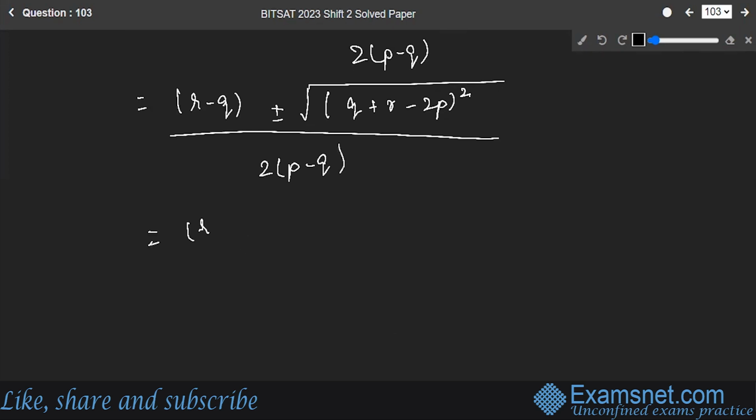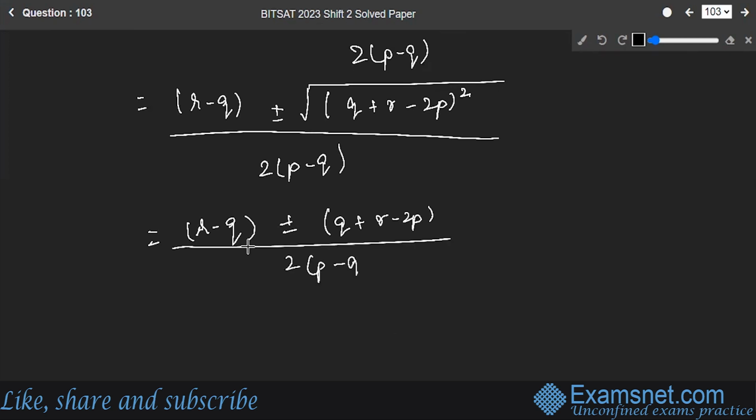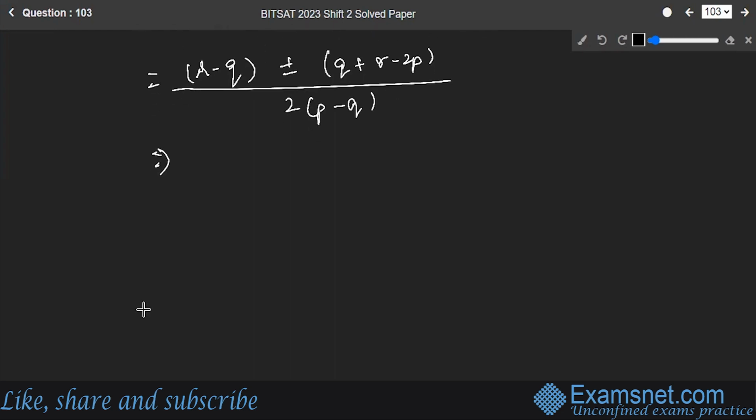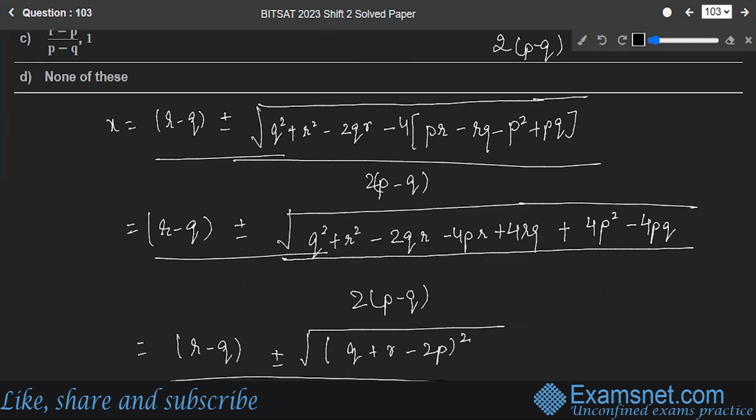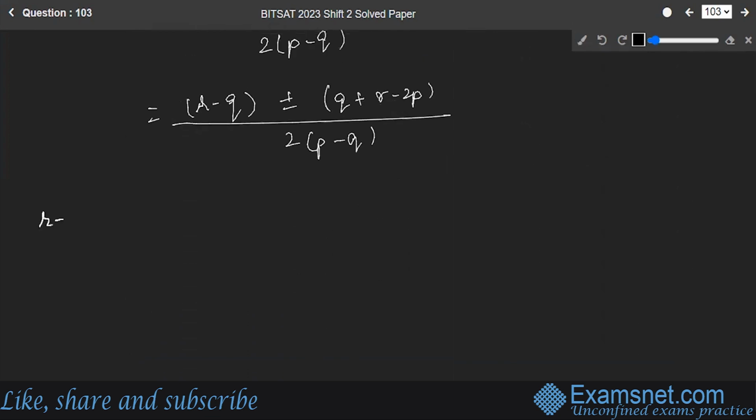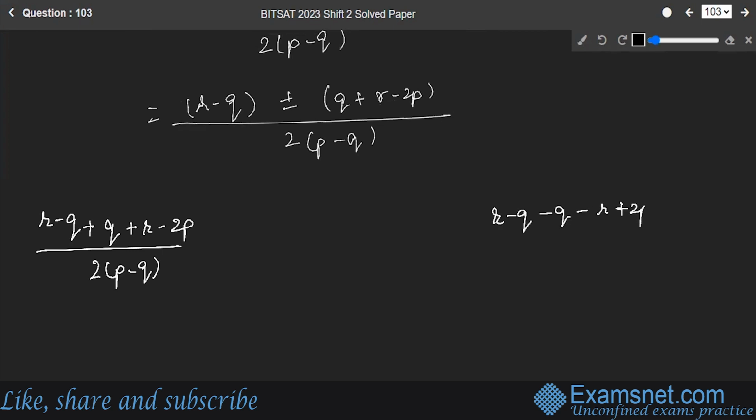So you have r minus q plus minus (q plus r minus 2p) divided by 2(p minus q), which will give me two values. One is r minus q plus r minus 2p divided by 2(p minus q), and the other is r minus q minus r plus 2p divided by this.